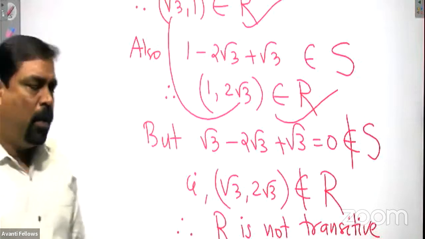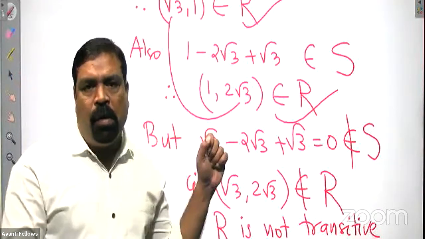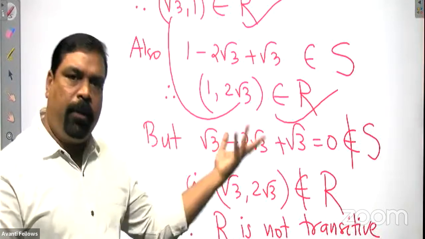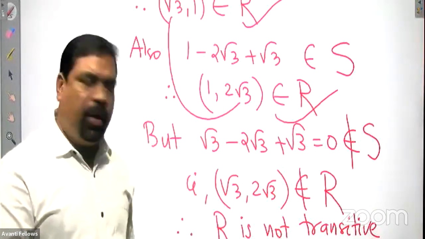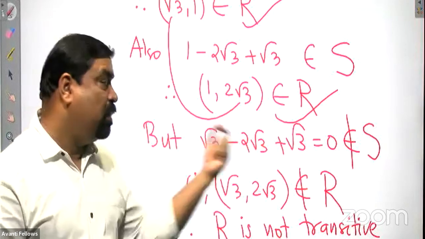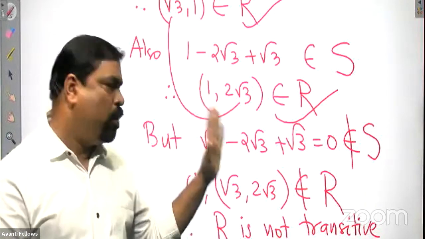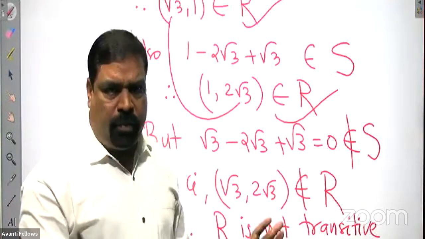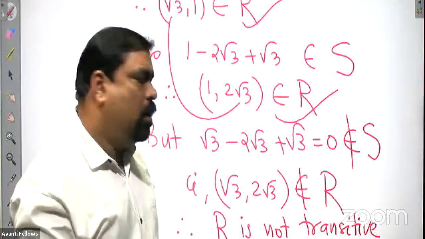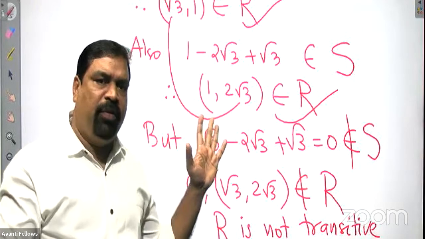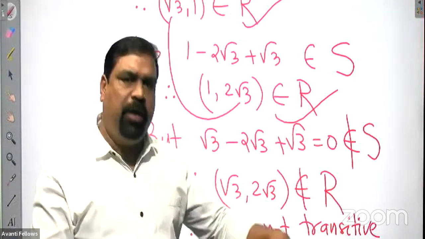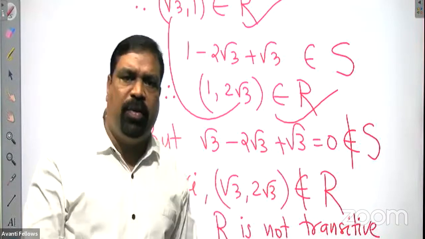So it is reflexive, but not symmetric and not transitive. You may find other values for A, B, C. To disprove, one example is enough, whatever values we put for A, B, C.